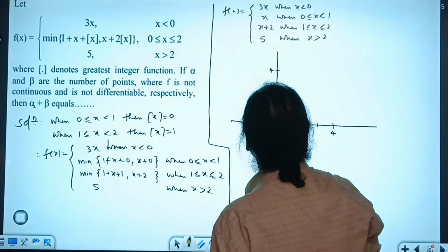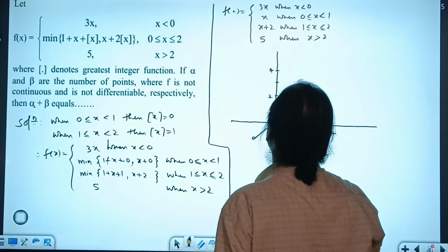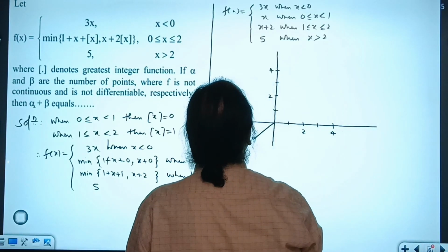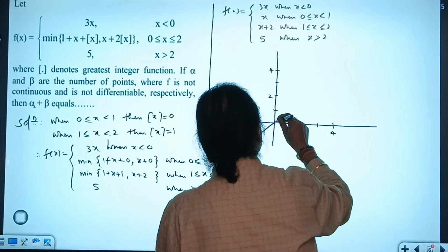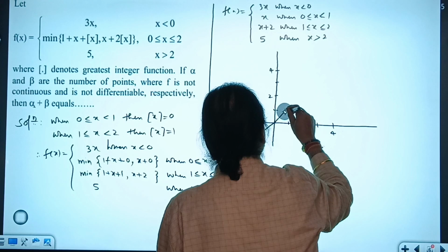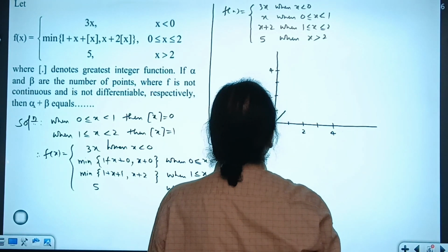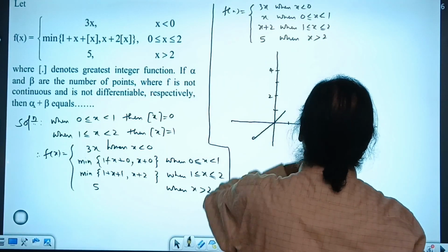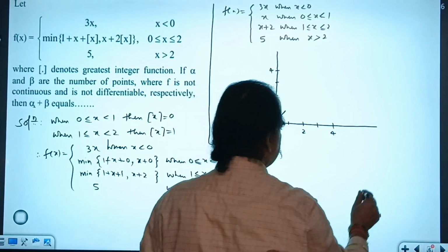It is a line passing through origin. When x is what? Y is what? X, when 0 to 1. Between 0 to 1, it is what? And between 1 and 2, it is what? Y is equal to x plus 2.